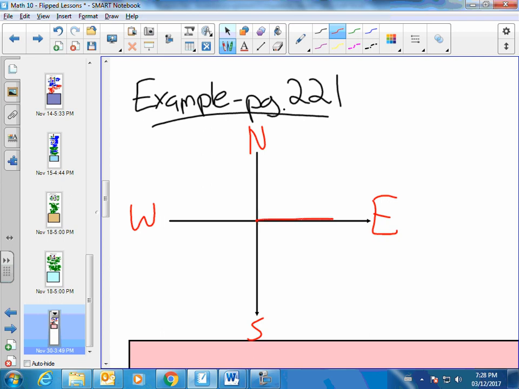So if we draw our lines here, what we could say is that north is a 90-degree bearing off of a straight line. I could say that west would then be a 180-degree bearing.